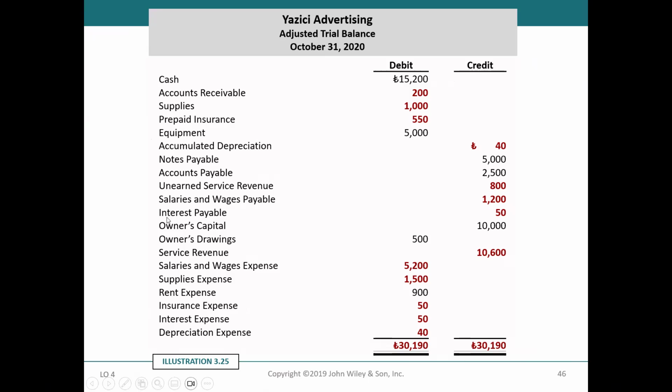And then we have owner's equity accounts, like capital, drawing, service revenue, and all the expenses. Now, the red color that you see is the accounts that we made adjustments to. So these are the new balances after we make adjustments. And at the end, your total debit should be equal to total credit. This is called the adjusted trial balance.